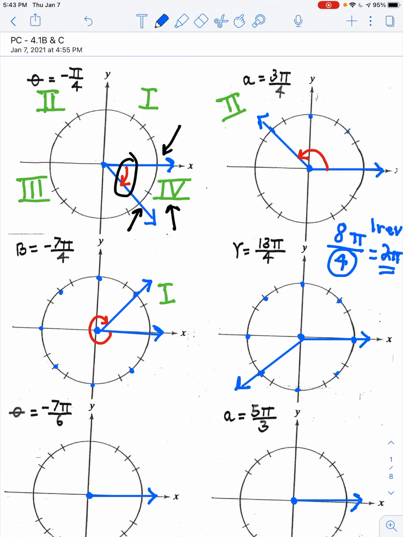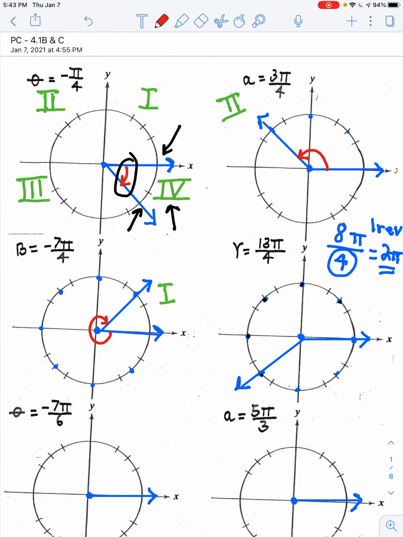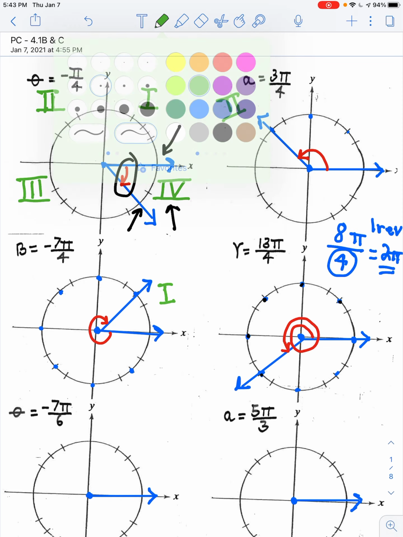That would mean I do something like this. I already went 8 pi over 4, then 9, 10, 11, 12, 13, or you could have counted 1 to 5. Either way is fine. We were rotating counterclockwise, so a revolution plus. We need to make sure that we're showing that complete rotation. And of course, our terminal side here landed in quadrant 3.